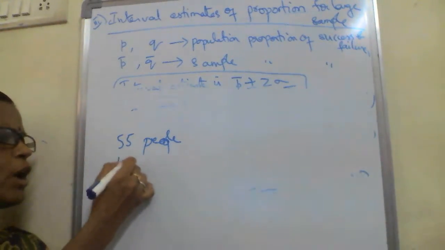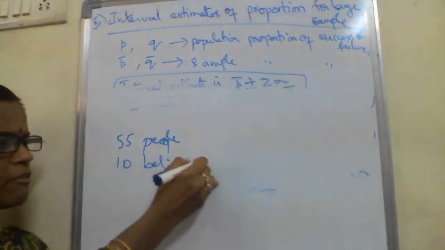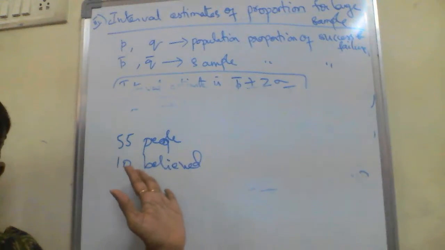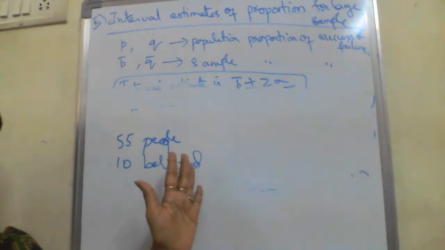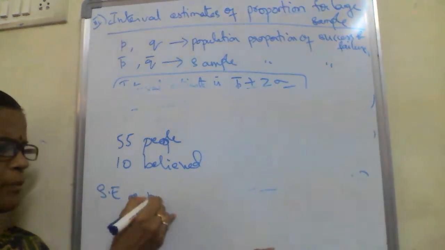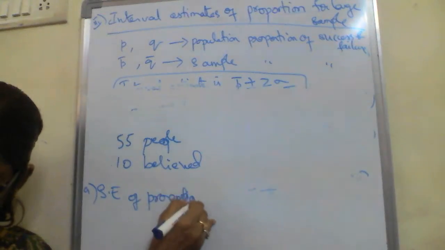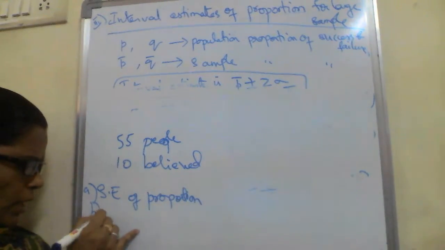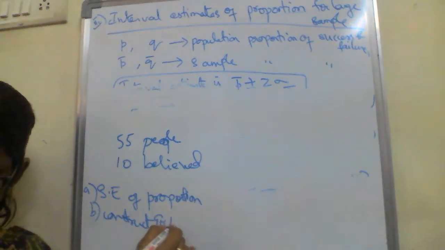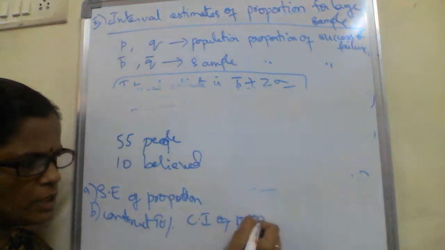Out of 55, only 10 of them believed that they can see the picture once again. So you have to estimate the standard error of proportion. First, find the standard error of proportion, and second, construct a 90% confidence interval of proportion. So this is the problem given.